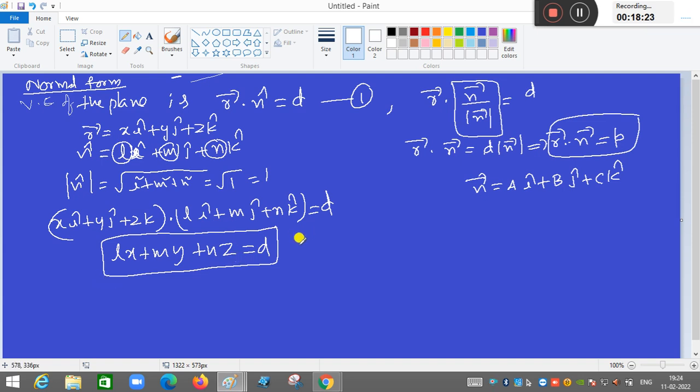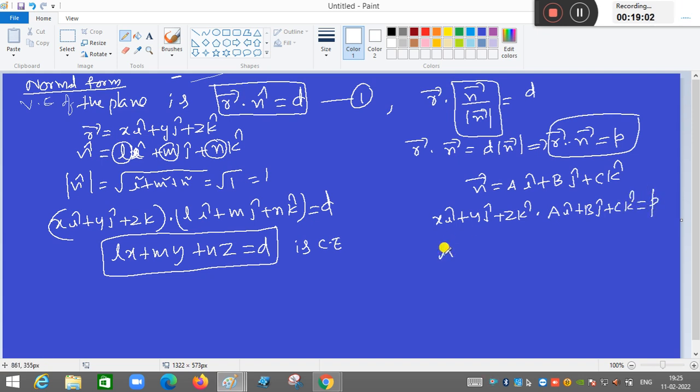Cartesian form. This is the Cartesian equation of the plane. This is the vector equation. This is the Cartesian equation. For this form we can write like this. Here, see, r bar equal to xi + yj + zk, dot n bar, which we wrote as ai + bj + ck, equal to p.